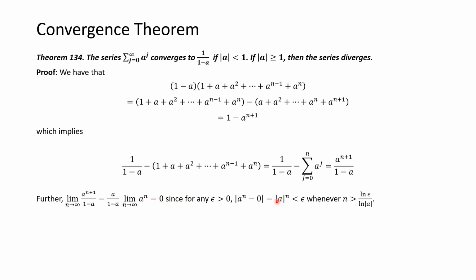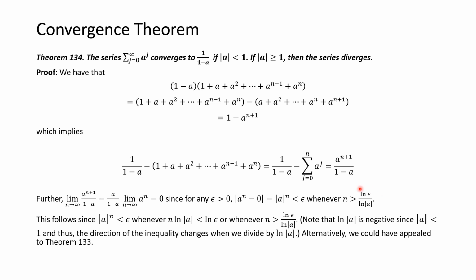We can prove that by the definition of sequence convergence. So for any epsilon greater than 0, the modulus of a to the n minus 0, which equals the modulus of a to the n, is less than epsilon whenever n is bigger than this number here. So this is our delta.